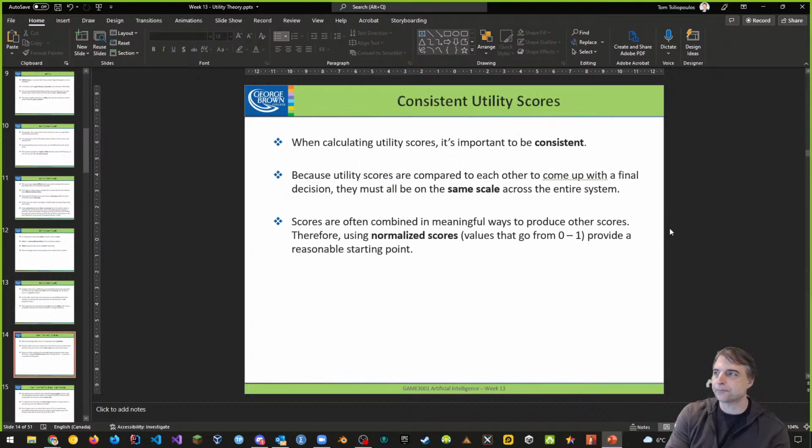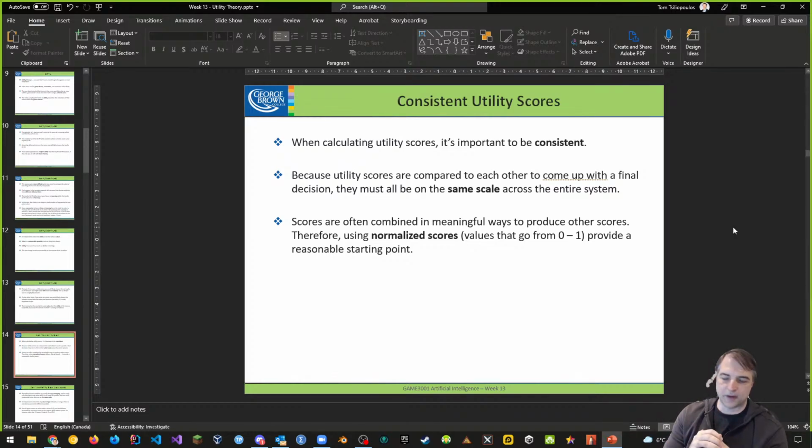Which makes sense. So one thing to note is when we're talking about algorithms here, we're talking about making an algorithm. So it's important for us when we're calculating utility scores to be consistent in the way we put them together. And a lot of times because we're comparing two different actions, two different values, to come up with a final decision, we've got to put everything on the same scale, right?